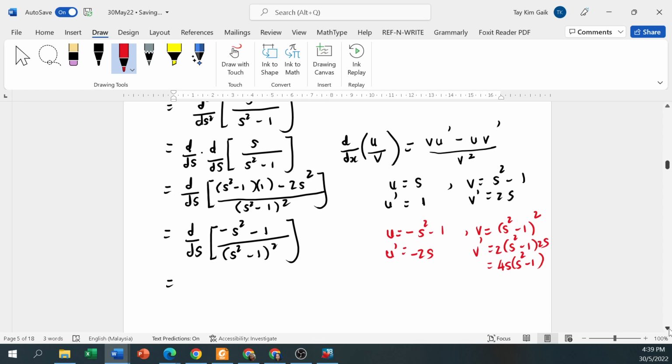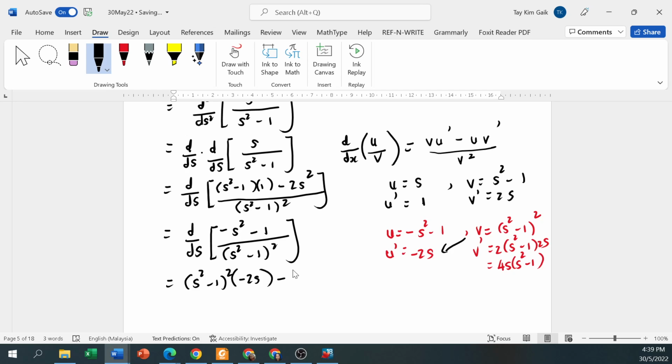So the formula: sorry, wrong formula. It's vu prime here, which is s squared minus 1 squared times minus 2s, minus uv prime.